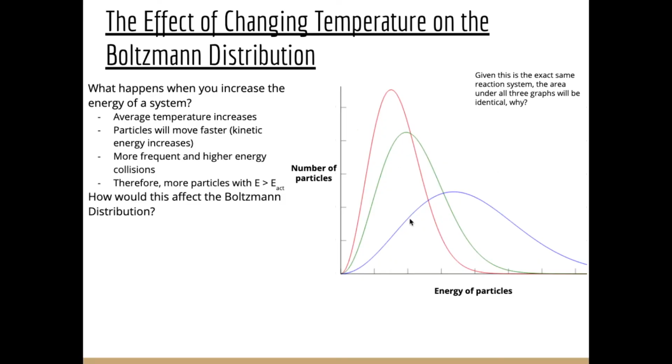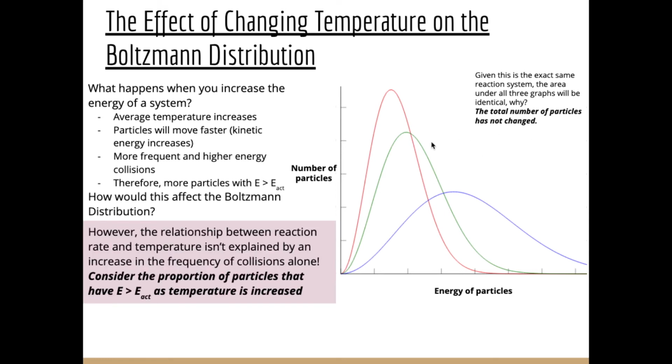So given that this is a closed system, if we increase or decrease the temperature, we're not changing the amount of particles in there, are we? That's staying the same. What we're changing is the kinetic energy that those particles have. So all three of these graphs, the red, the green, and the blue, if you were to get the area under the graph, it would be the same in all three instances. And that's because the total number of particles has not changed.